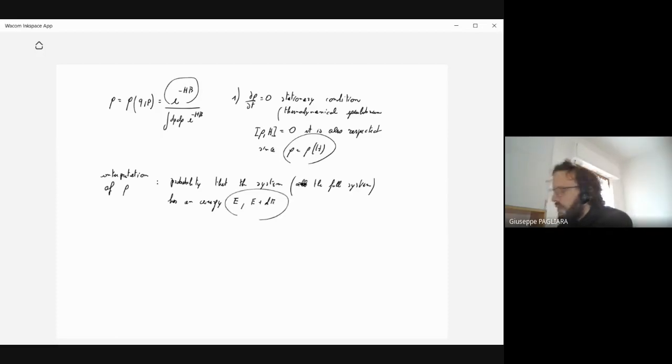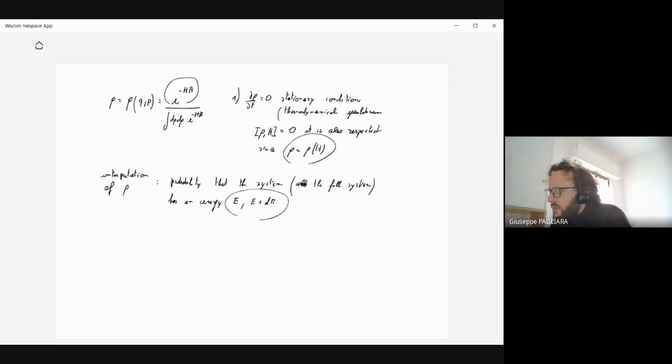Where E and H are the same function, basically. Now, consider the fact that this is the total energy of the system, not the energy of a single particle. So we are considering our system in its full glory.